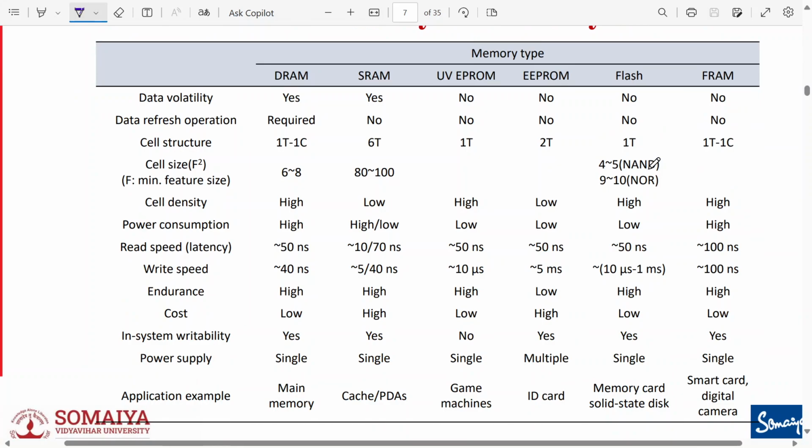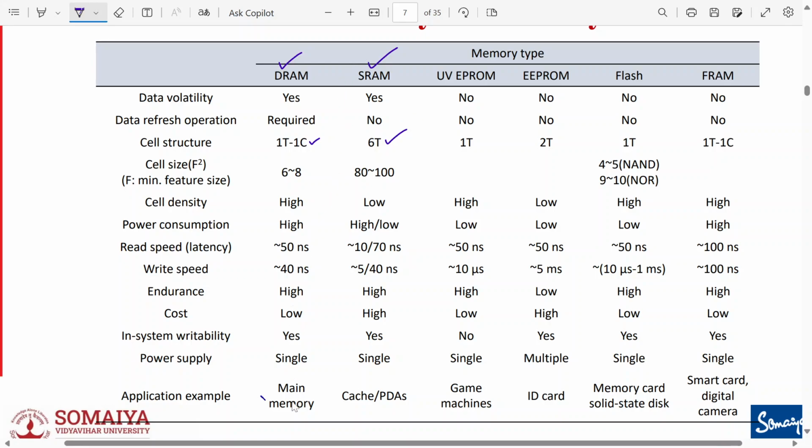Now from here you can write the comparison between SRAM and DRAM. Data volatility is yes for both. Refresh operation is no for static SRAM; there is no refresh operation. The cell structure is basically a 6T SRAM cell, and for DRAM it is one transistor, one capacitor. So you can go on comparing.